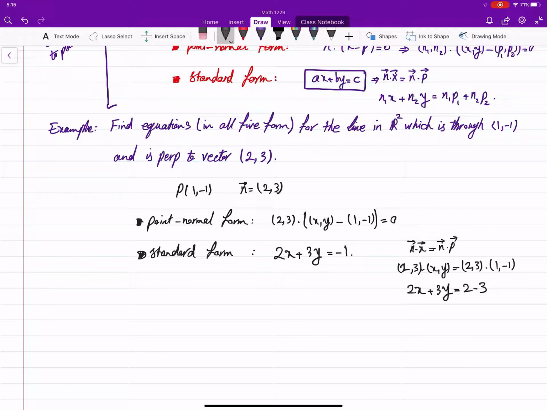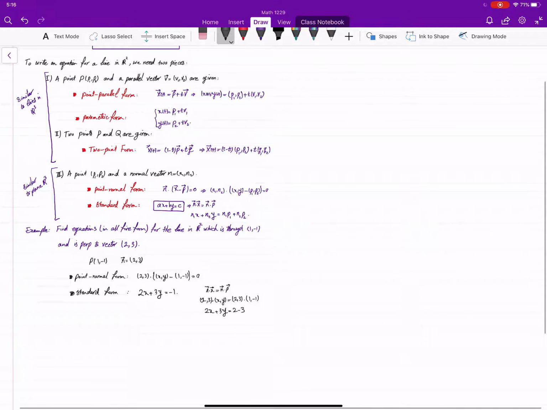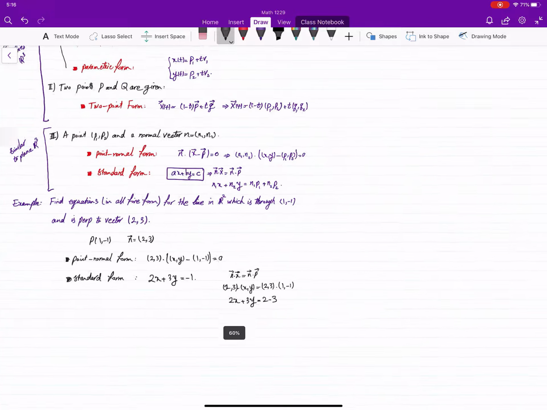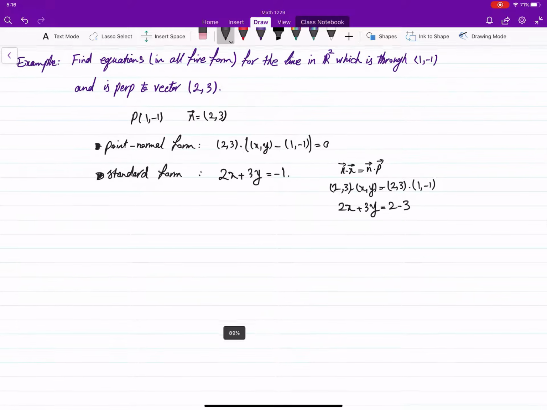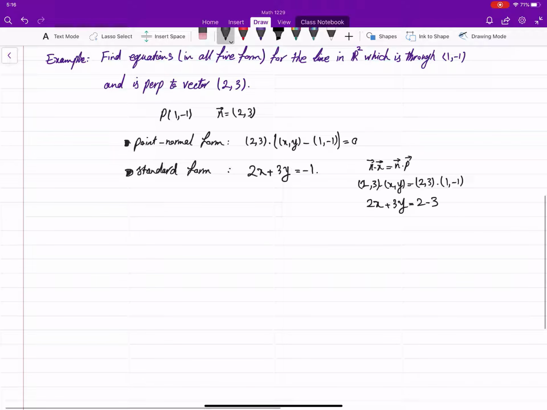But how can I now find a parallel vector? Because to find these two forms up here, I need a parallel vector. Well, that is something very special for R2.